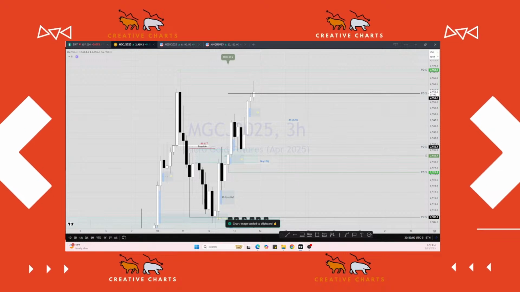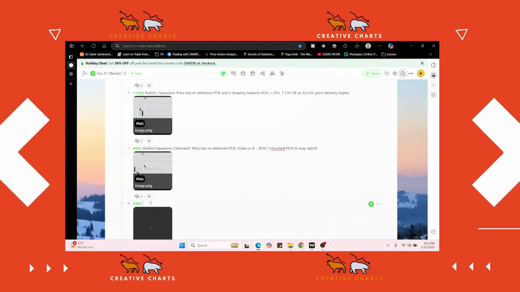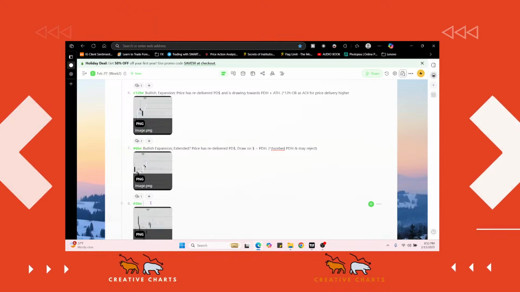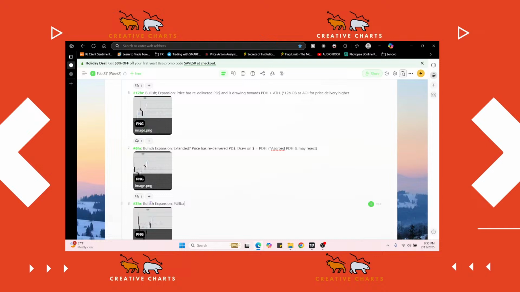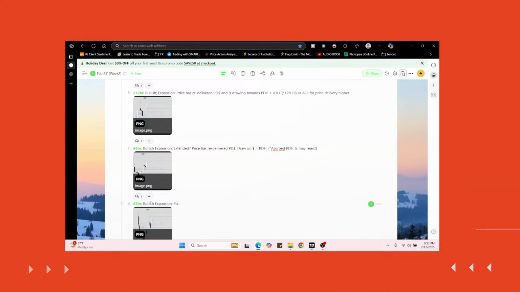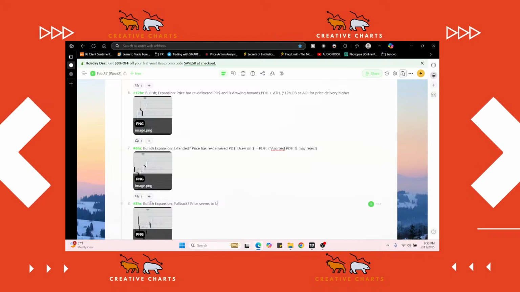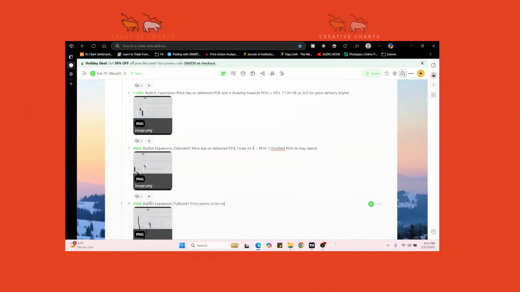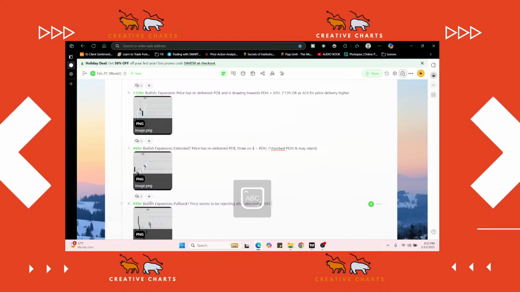I'm gonna copy my image, go to my journal, post that. 3 hour looks to be a bullish expansion. Pullback starting, maybe. Seems to be rejecting after absorbing previous day high.